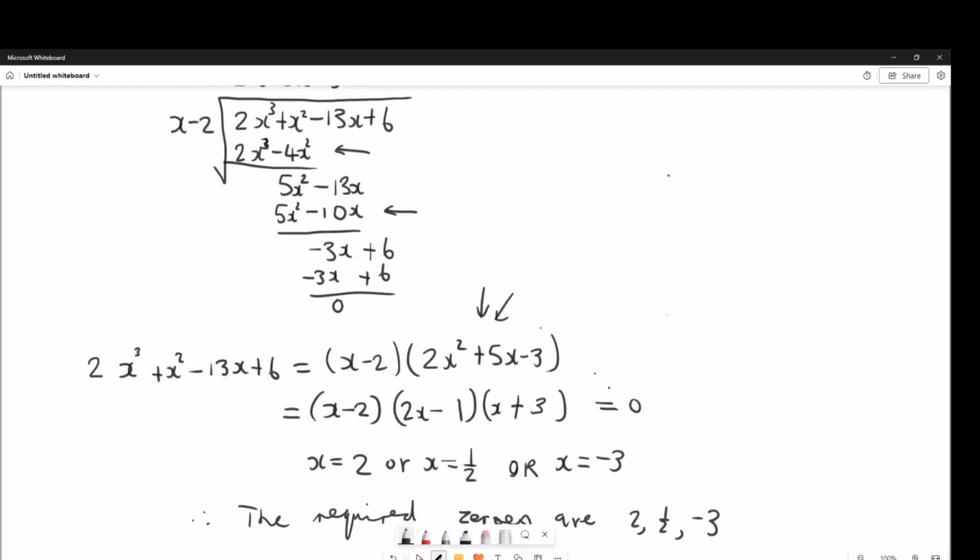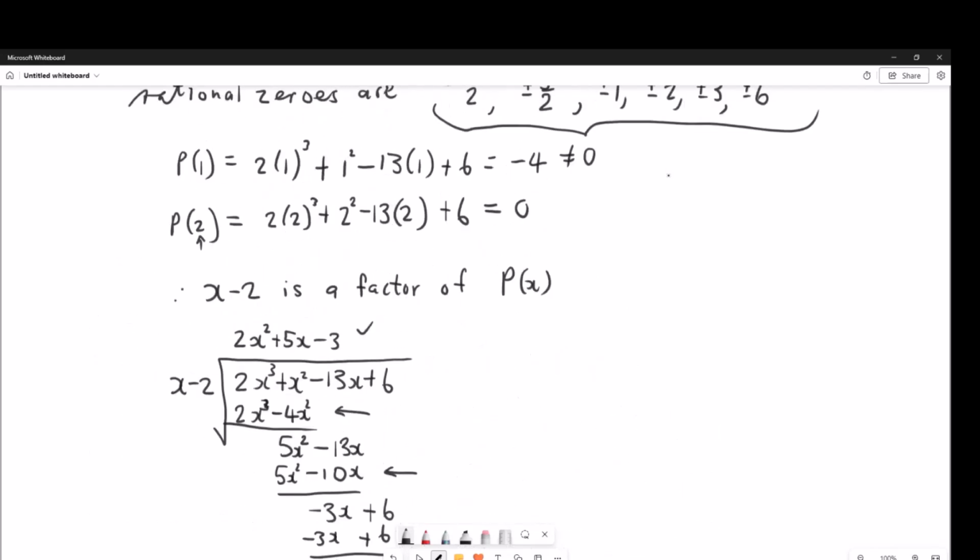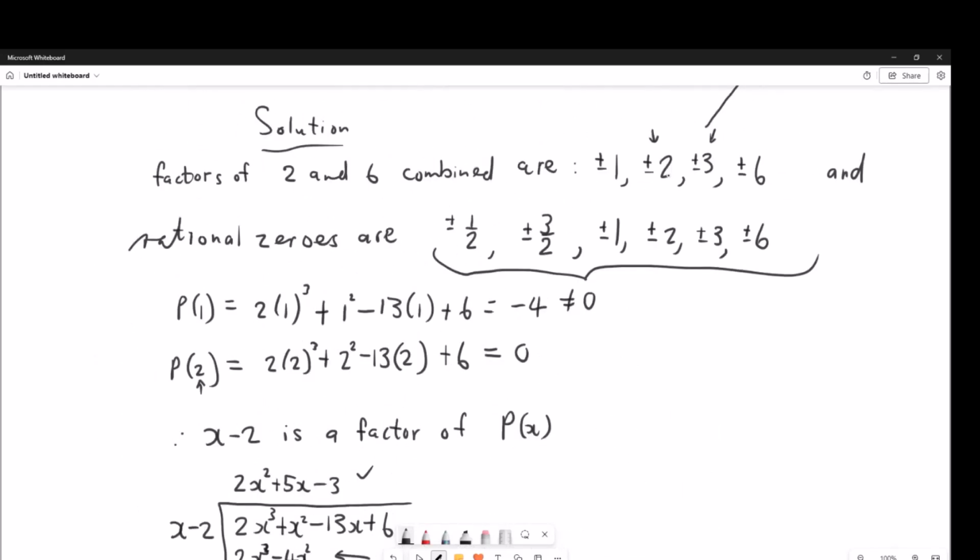So guys, you don't have to check each and every one of those 12 possible zeros. Just substitute and see which ones are likely to fit. I like to start with the integers. It's easier to do the calculations, and you could see that 1 is not a zero, but 2 gave you a zero. So I could stop and say, okay, now I divide by x minus 2.